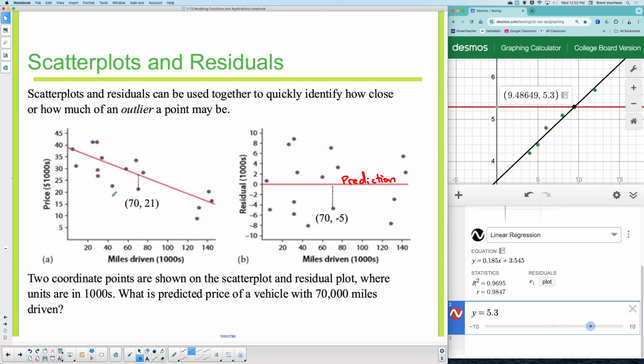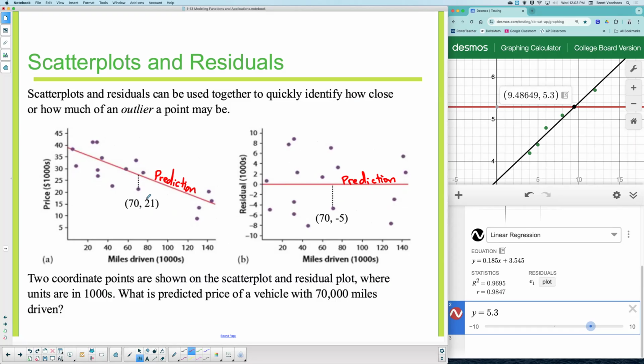So let me be clear. Do you see these purple dots right here? If you counted up how many purple dots there are here, there's always the exact same amount here. What this does is it measures off how much each one is. So this one, at the coordinate 70, 21, here's my line for the prediction.